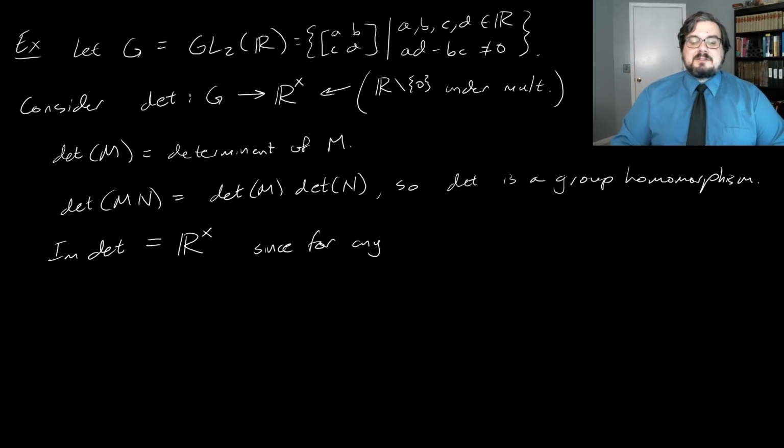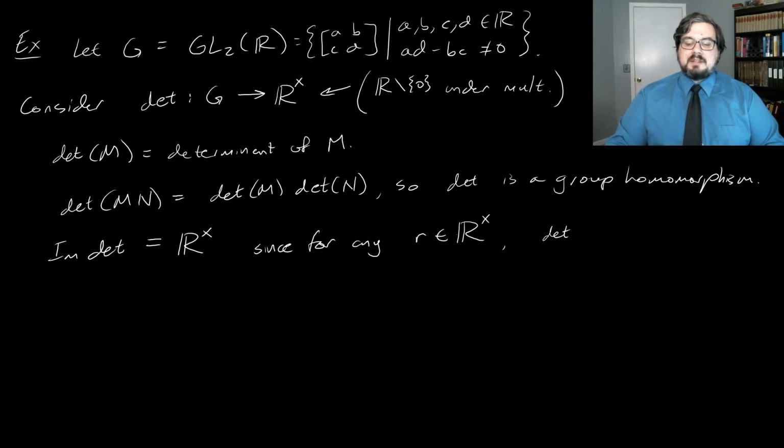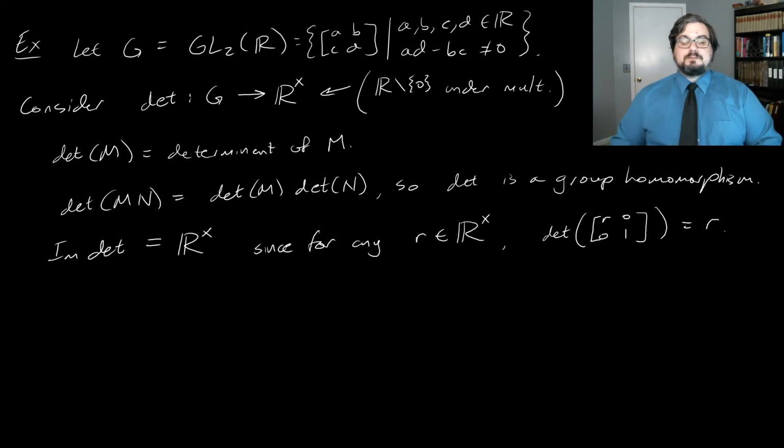We'll say that for any little r in R cross, any non-zero real number, we have that the determinant of the matrix [r 0; 0 1] is equal to r. So that shows that the determinant function is, again, a surjective function because its image is the whole codomain.